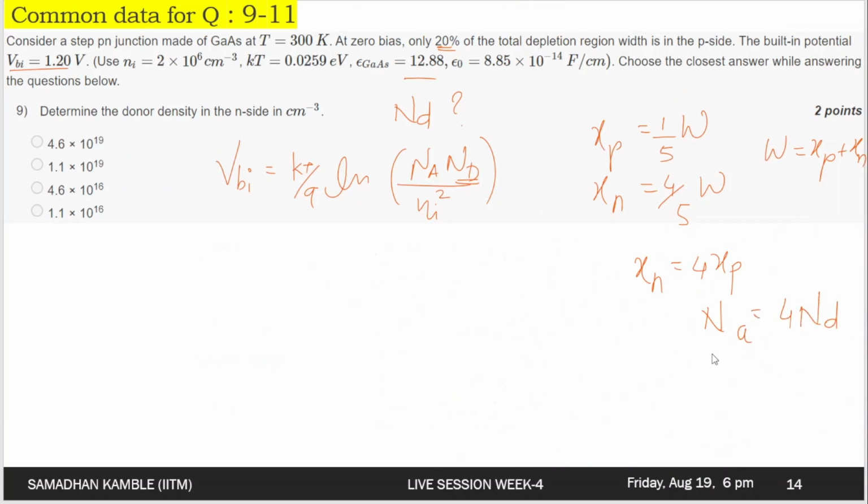So the equilibrium condition we have used. This relationship we can use here to calculate the value of the donors. So let us solve for ND first.